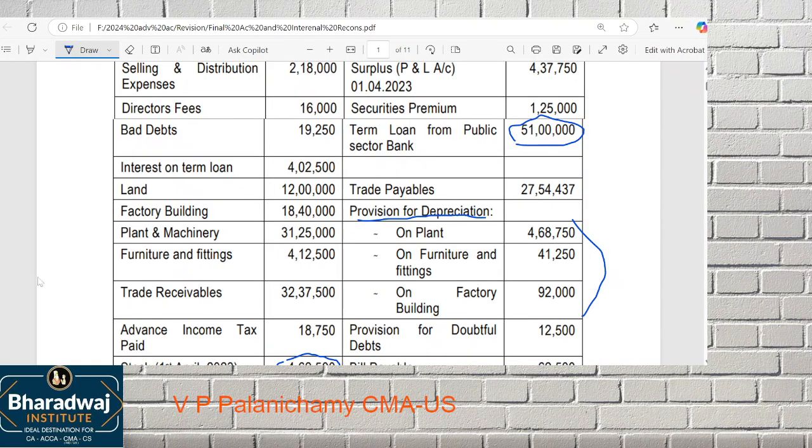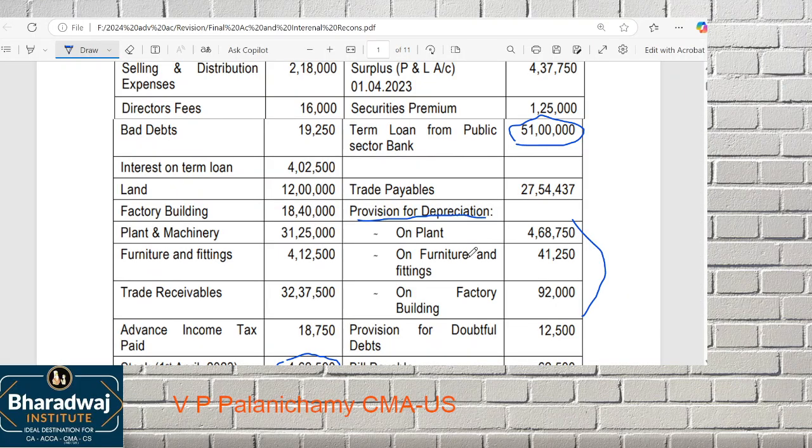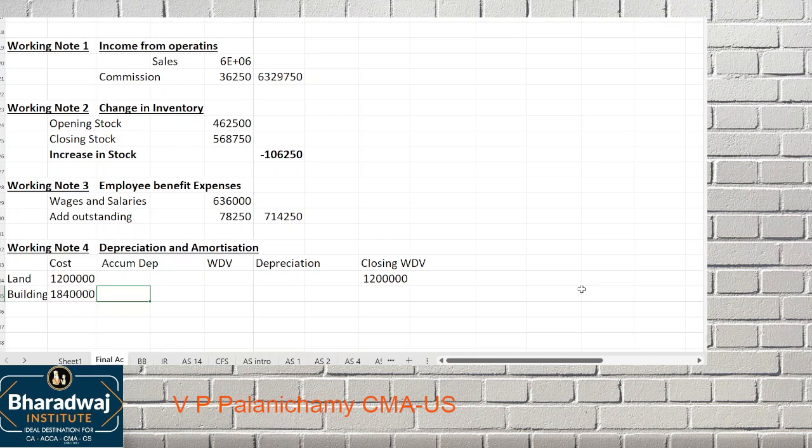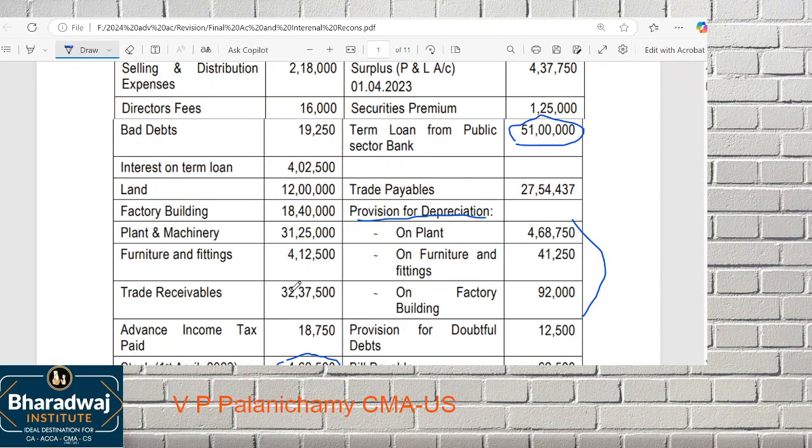What is the cost of the asset given? 18 lakh 40,000. Accumulated depreciation given on the credit side, 92,000. If you do cost minus accumulated depreciation at the beginning of the year, this will give us the opening balance of WDV.